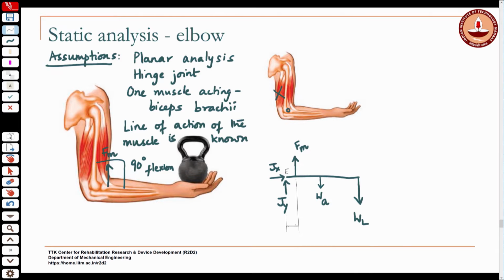I know this distance, let me call it A, call this B, and I know where the load acts, let me call that C. So, from the elbow these are my distances.